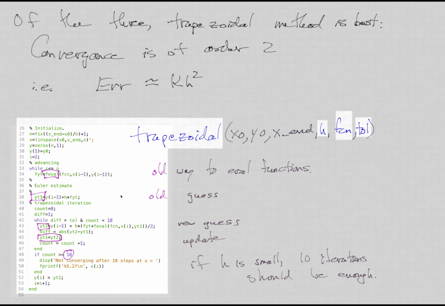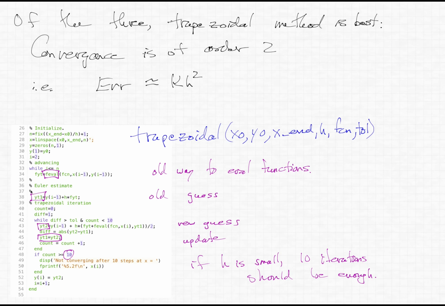Let's see, anything worth pointing out here? Oh yeah, let me just go through the loop here. The way he does it, he says, our initial estimate for the new y value, yt1, will be the old y value, y at the previous index, right?